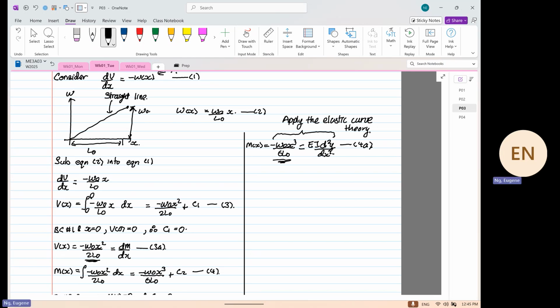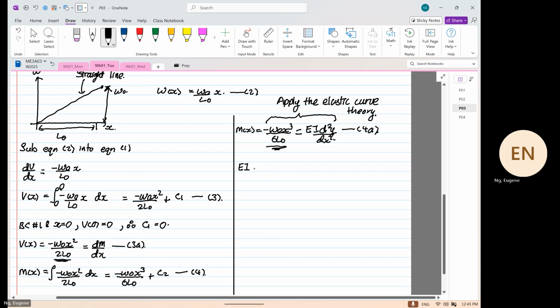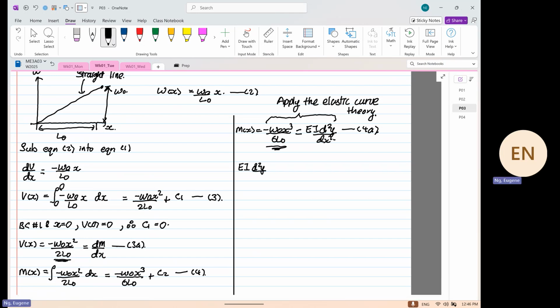This is where we apply the elastic curve theory. So from here, very easily, you just need to write down EI d squared y over dx squared. Now this whole term is equal to minus omega naught x cubed over 6L naught.